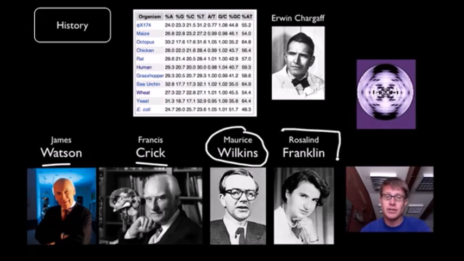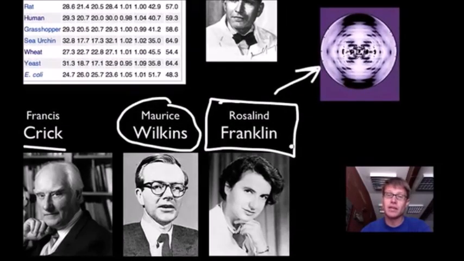He was working with Rosalind Franklin. They didn't get along that well, and Maurice Wilkins is an interesting guy. Died just a few years ago. They didn't work well together, but they had the best data out there. This would be the X-ray crystallography of DNA. So they were looking at DNA and trying to figure out its structure.